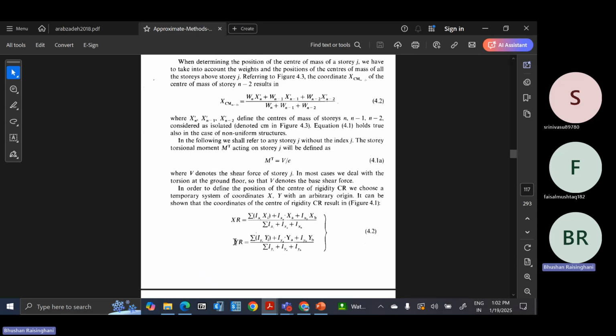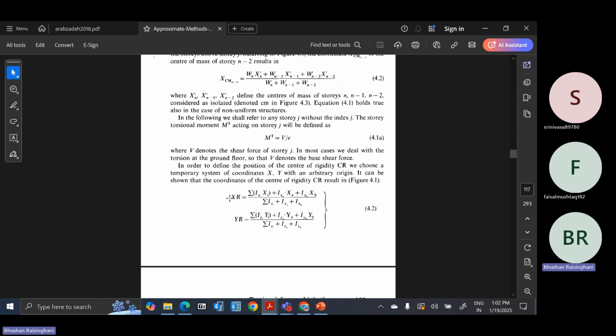That is X M and Y M. Now, as per CR calculation, they have used this particular formula, sigma I xi into ki plus I xi into. So they have used I values, and what we are using are k values. That is a small difference in this particular calculation.